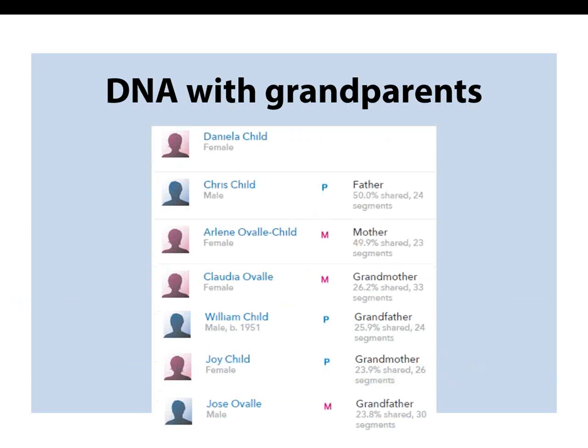To demonstrate the randomness of how we can be more related or less related to ancestors, and this will really come into play when you're looking at your DNA relatives, this slide shows how my daughter is related to her 4 grandparents. You can see that she is roughly 50% each of her parents, but she is 26.2% her maternal grandmother, 25.9% her paternal grandfather, 23.9% her paternal grandmother, and 23.8% her maternal grandfather.